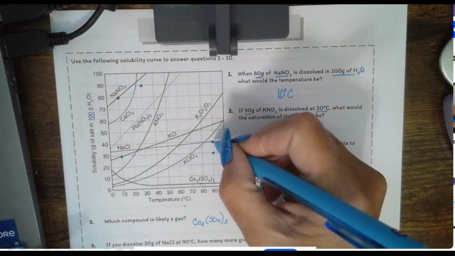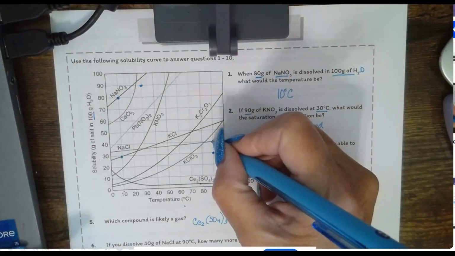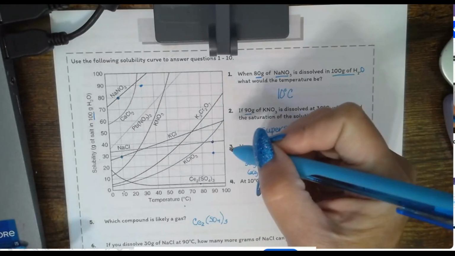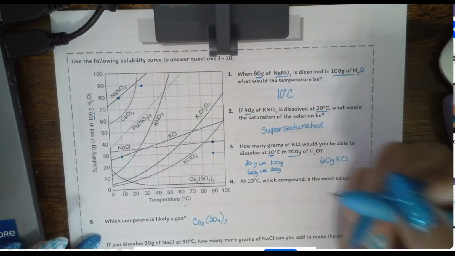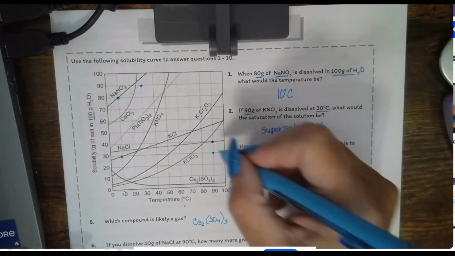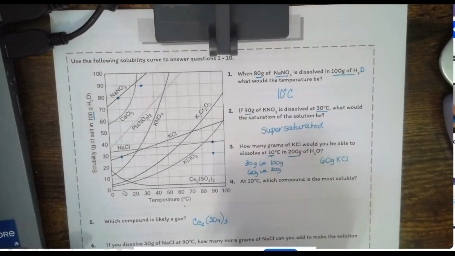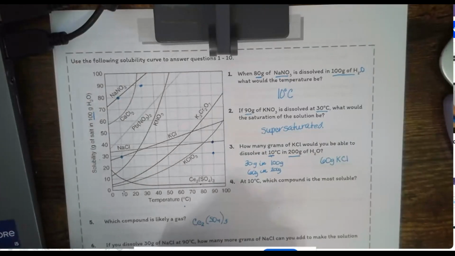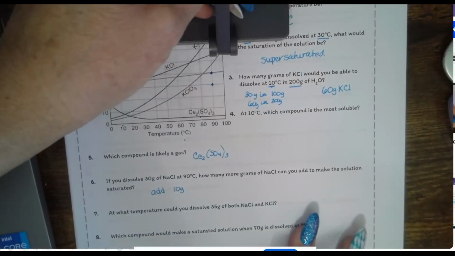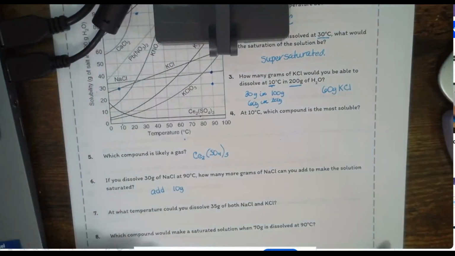The saturation point is where it hits the line. So at 90 degrees, it would take 40 grams to be saturated. We have 30 grams, okay? So we would need to add 10 grams in order for it to become saturated. All right, let's see.